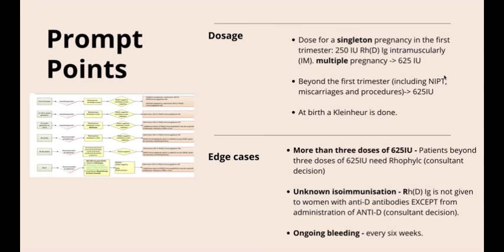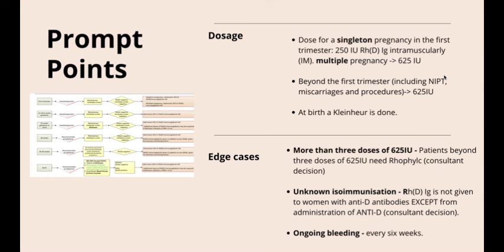If there's isoimmunization, typically we don't give the immunoglobulins to women with anti-D antibodies, meaning they already have anti-D antibodies developed, because it wouldn't really do anything because the isoimmunization has already occurred.